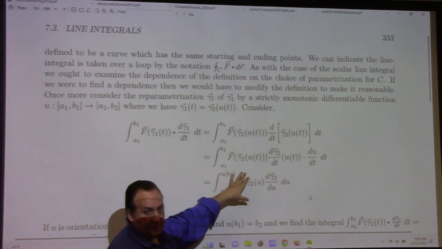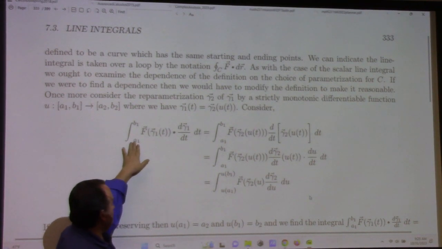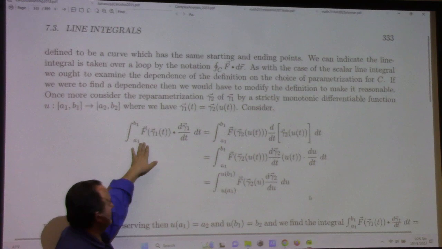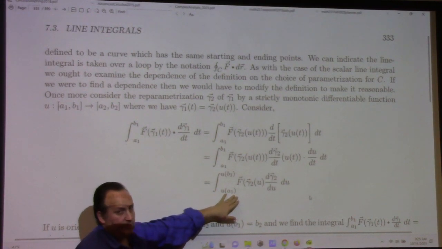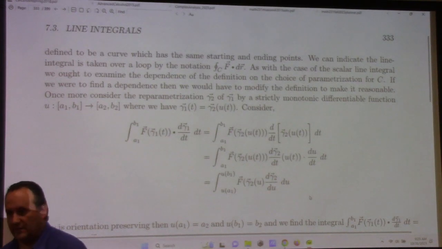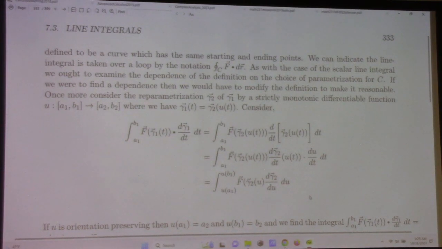So the long and short of it is that the line integral done in one parameterization and the line integral done in another parameterization are equal. However, there are strings attached. It has to be a consistently oriented curve, right? In other words, u has to be increasing. My starting point and my ending point have to be the same for both parameterizations.